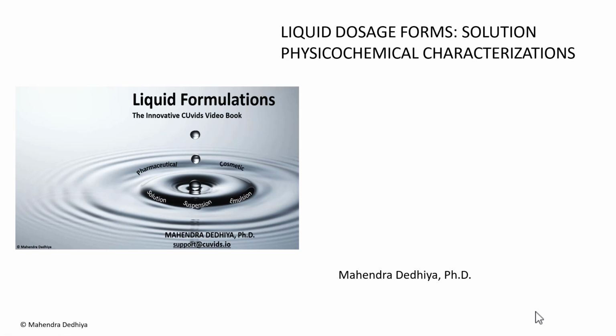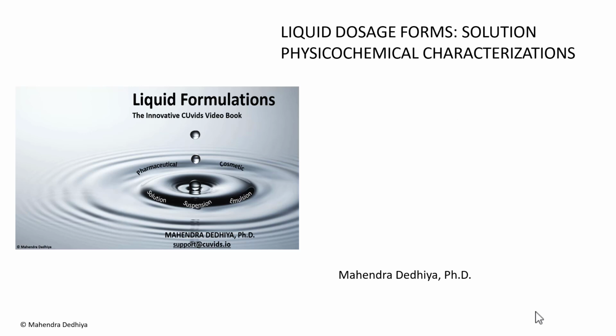This is the second related video in Module 2 in On-Demand Dynamic Supplemental Book on Liquid Formulation. The scientific discipline of physicochemical characterizations, in this case solution dosage form, is an integral part of development of innovative product, and it is the focus of this book.